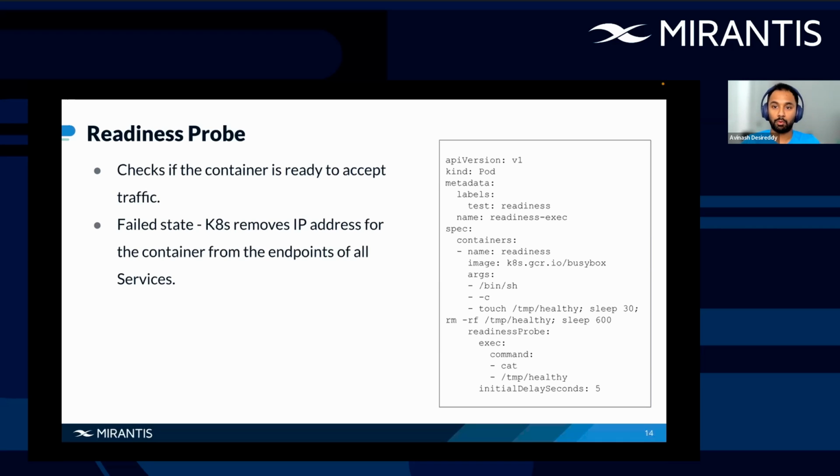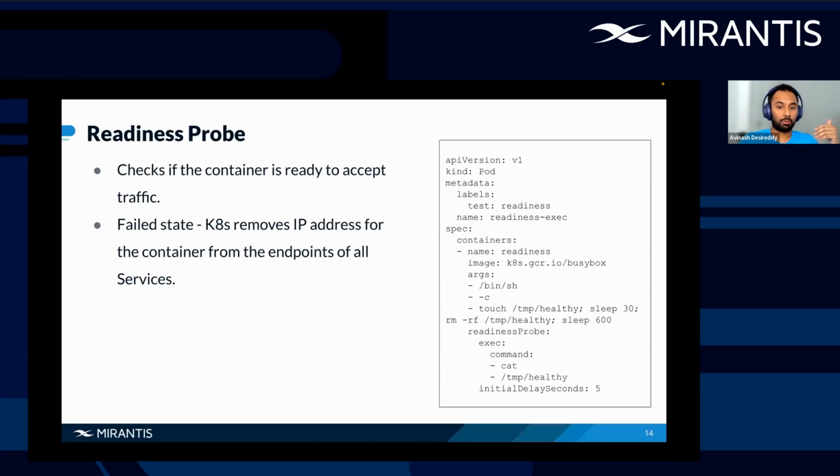So the Kubernetes service does not have any endpoint related to the pod, and the traffic will not be sent to the new pod, even though it got created. Since it is not in the ready state, the traffic will not be sent.